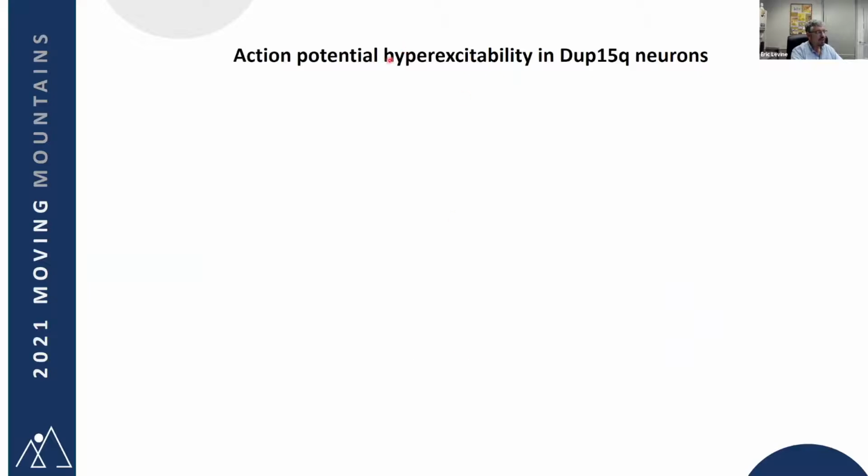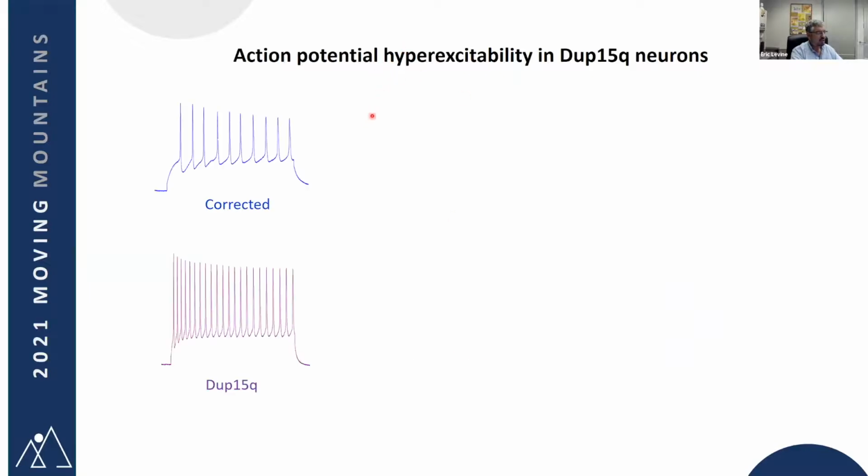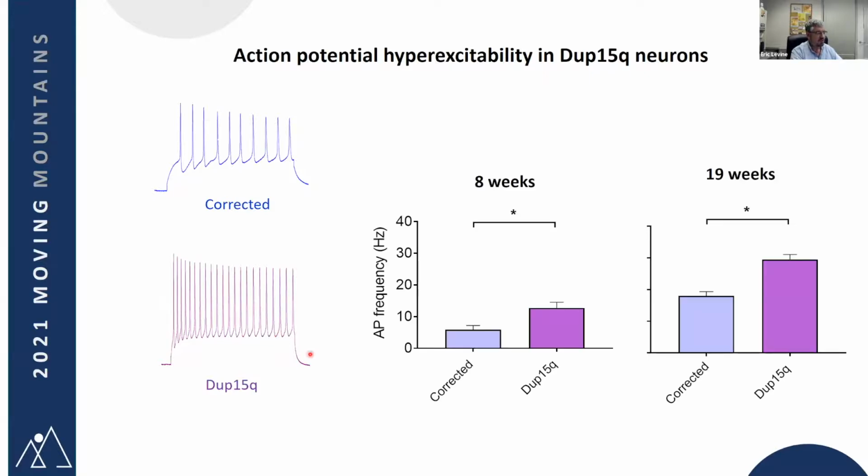We also wanted to look at the firing of these cells to determine if there was hyperexcitability. And so here's a train of action potentials in an individual corrected neuron after stimulating the neuron, and a train of action potentials in a Dup neuron. You can see the Dup neuron fires more. This is similar to the phenotype that James showed us in his previous talk, some of the data that he also collected when he was in the lab.